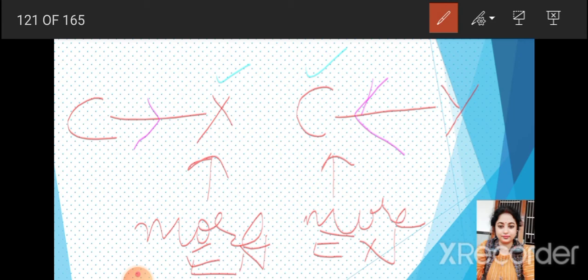And this only is called the inductive effect. The displacement of the shared pair of electrons towards the more electronegative element is called the inductive effect. Here X is more electronegative, electrons are attracted towards X. Here carbon is more electronegative, so electrons are attracted towards carbon. This is known as the inductive effect and we represent it by capital I.